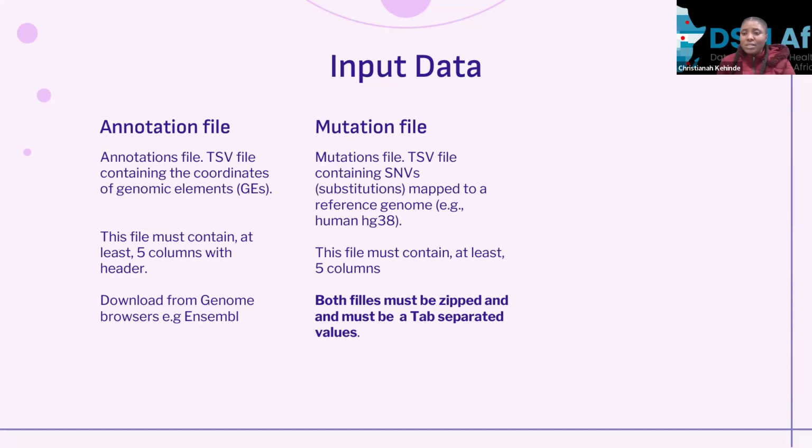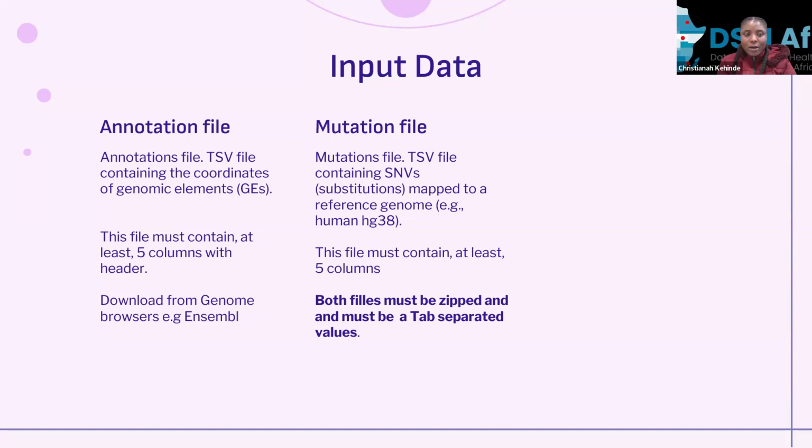So when you have the mutation file, you can now filter out and select the required data from the big mutation data that you've downloaded from the databases. We're still going to see those required parts of the mutation file that is needed for this tool.